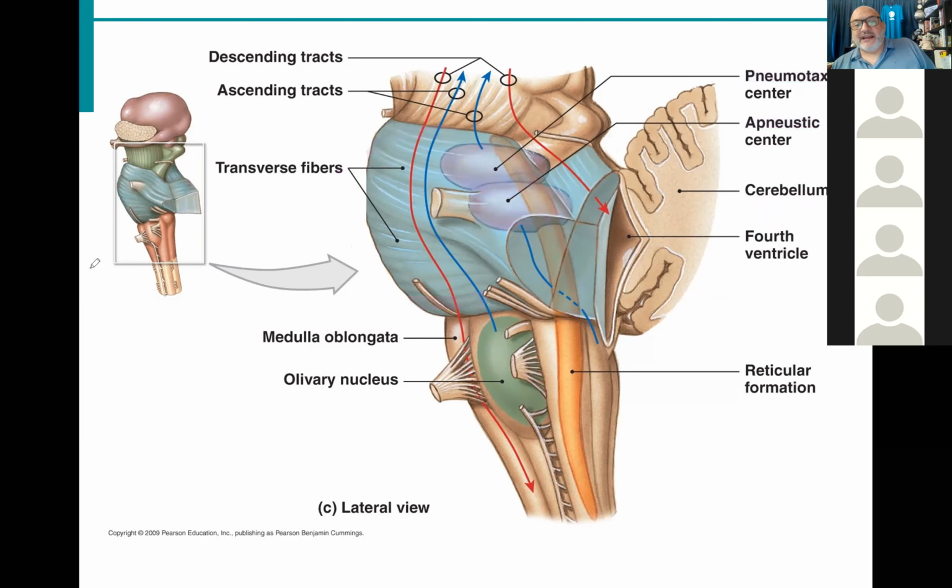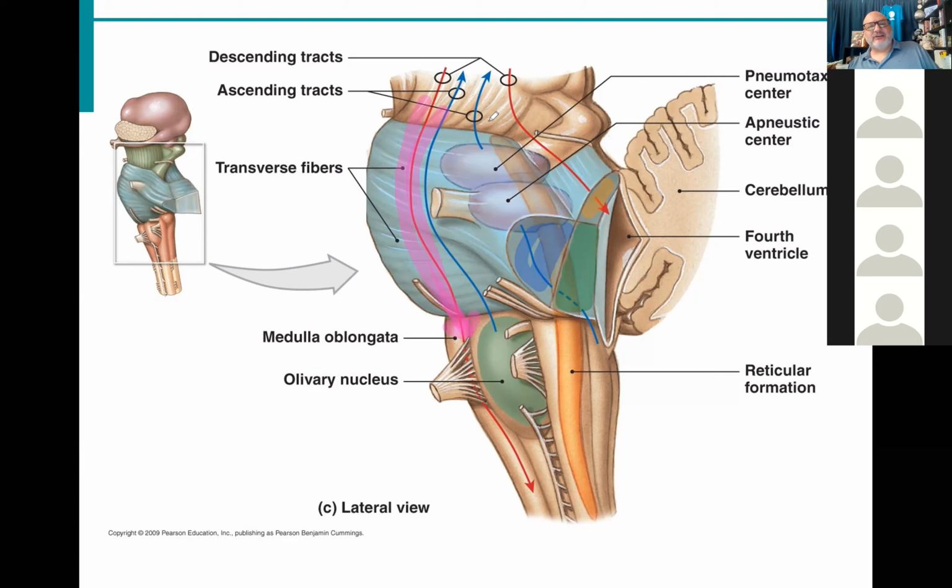So there's some of that going on. And like I said, there are bundles of axons. Yes, there are axons that travel to and from your cerebrum up and down the brainstem. But if you notice over here to the side, there is not one, not two, but three large bundles of axons that have been cut that actually connect from here on the pons to the cerebellum.